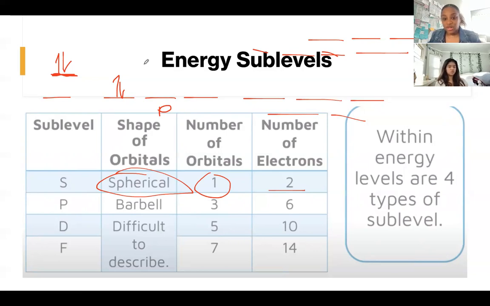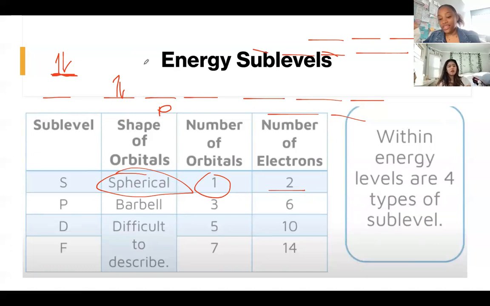So one Tupperware would equal putting in 2 electrons, maybe like 2 chickens. So it's like, the S block is where I live, inside the S block I have orbitals, and inside those orbitals I have electrons. Does that make sense?